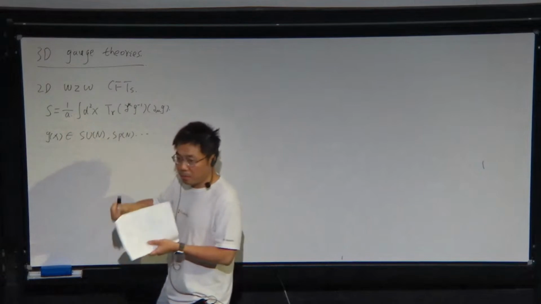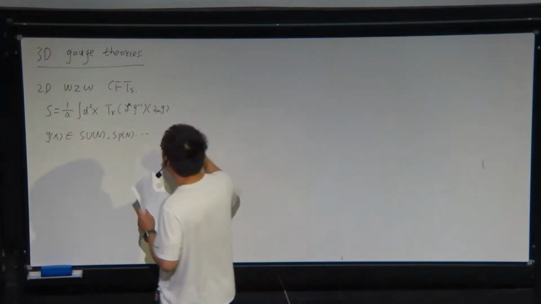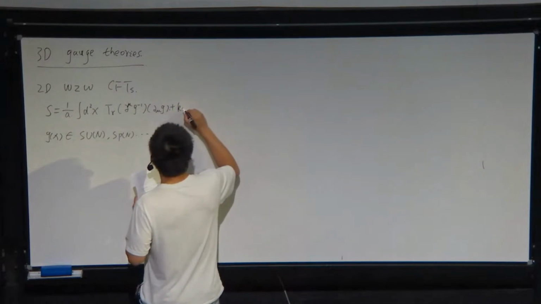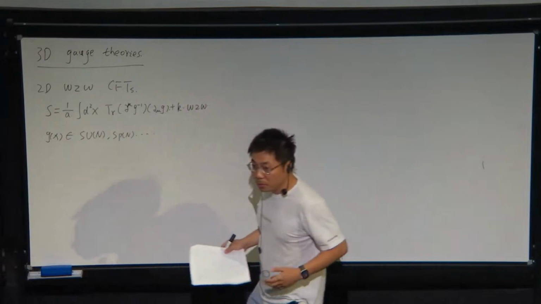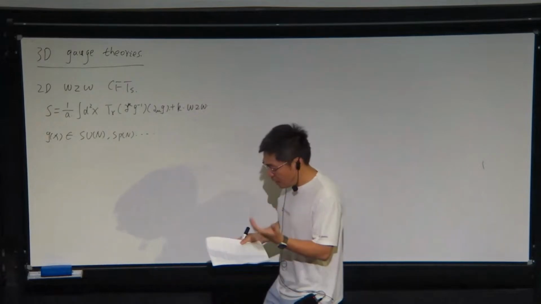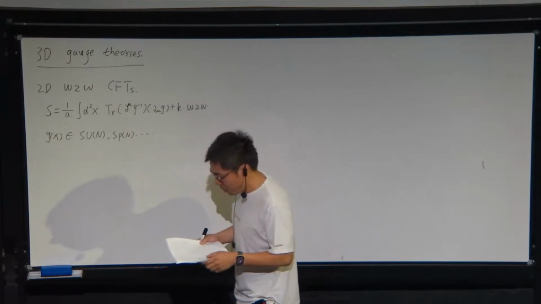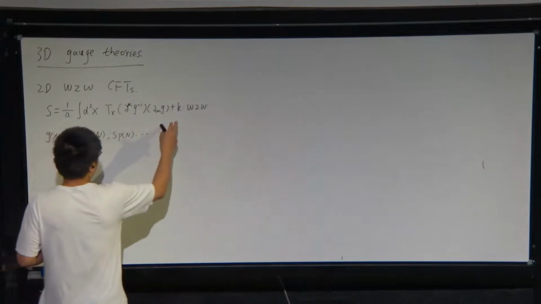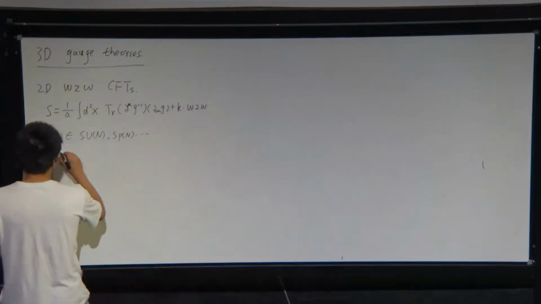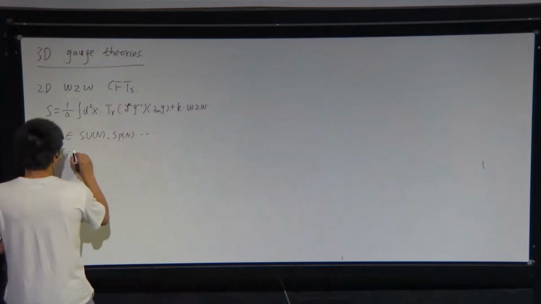Here A is just some coupling constant that describes the model. And I can have a topological term called the Wess-Zumino-Witten term. I don't need to write it down; I believe everyone here should know what the Wess-Zumino term is. We know that the Wess-Zumino-Witten term is defined in one dimension higher.